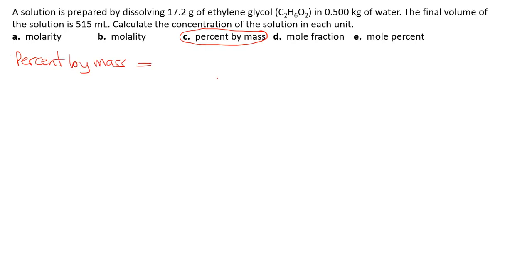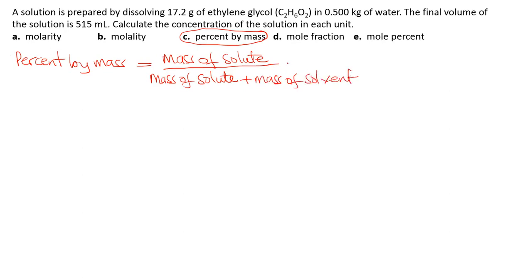Percent by mass is given by the mass of solute divided by the mass of solute plus the mass of solvent, times 100%, because it is a percentage.